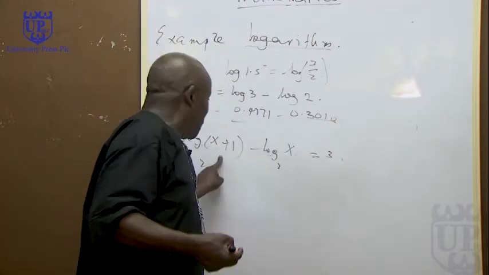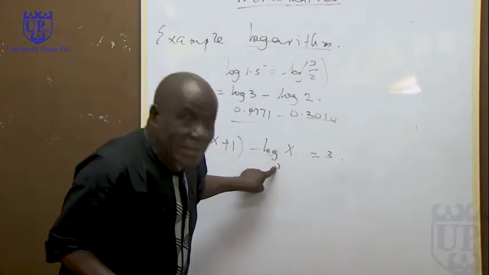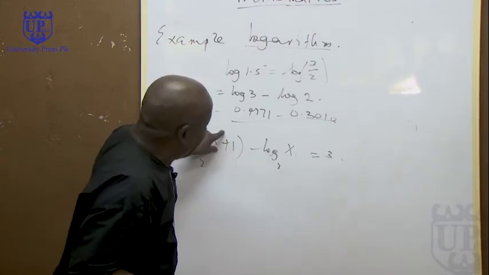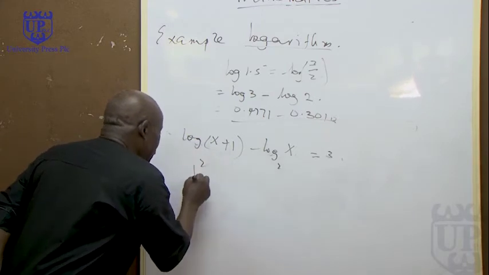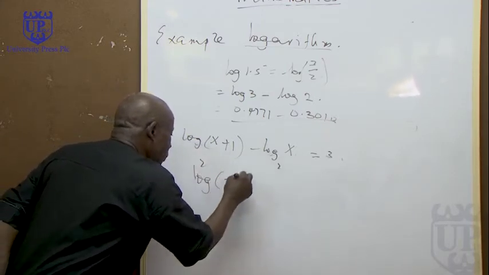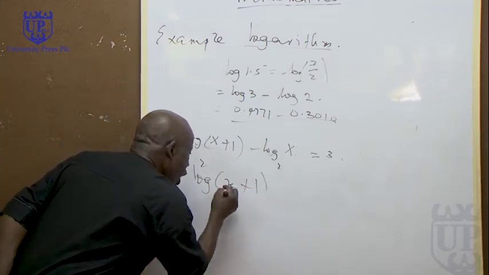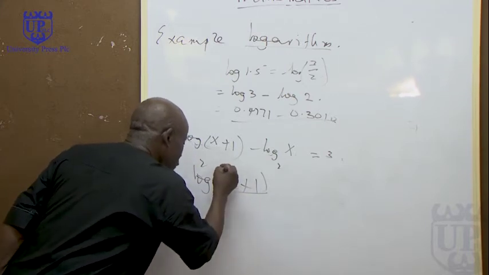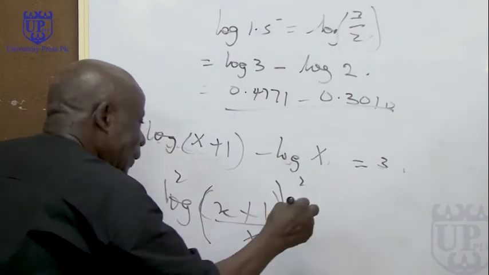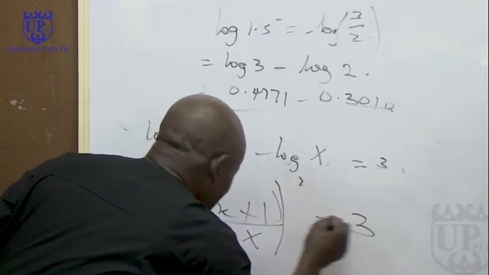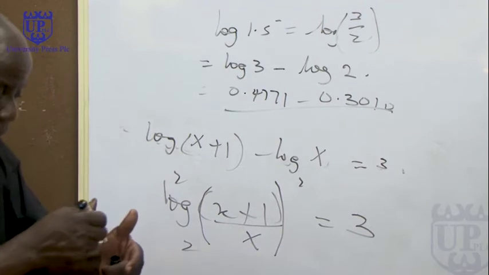So log of this minus log of this is logarithm of the first divided by the second. So this is logarithm of x plus 1, in bracket, all over x equals 3 to the base supplied.